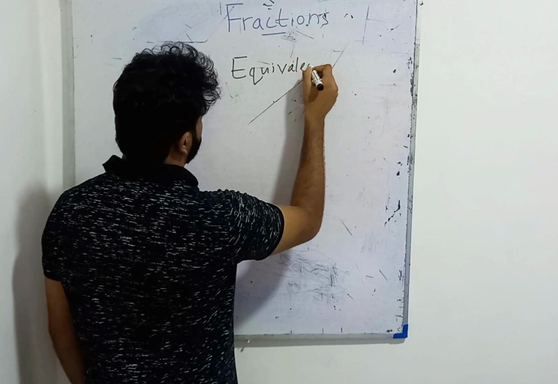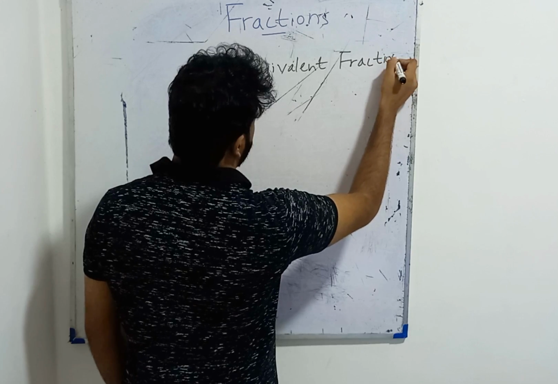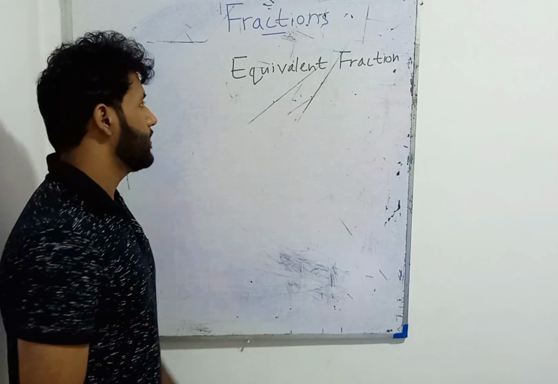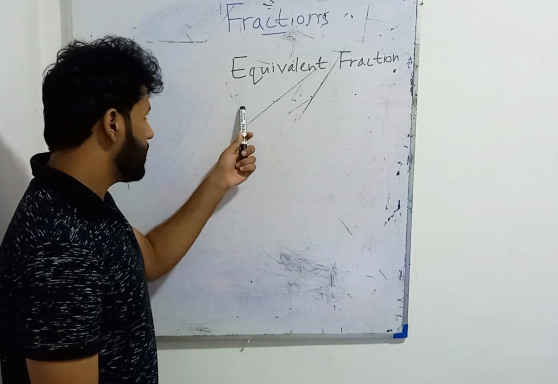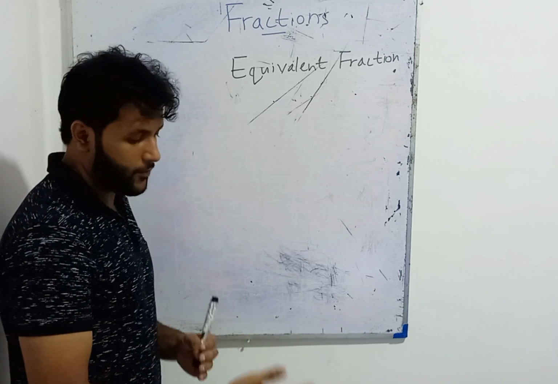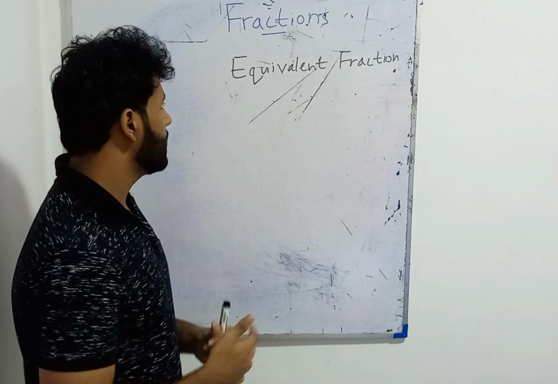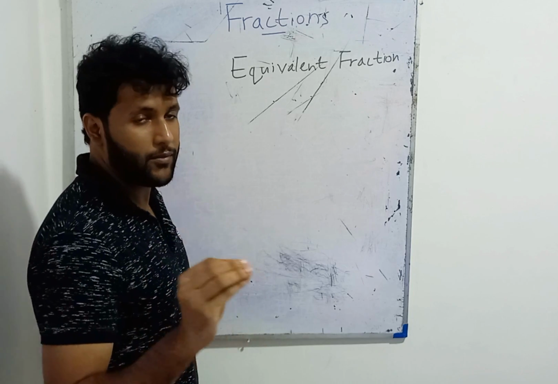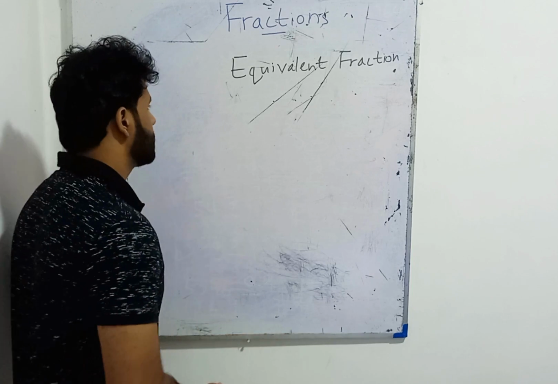These fractions are what you get when you multiply the denominator as well as the numerator of a certain fraction by the same factor. Then you get an equivalent fraction. Or you can divide that fraction's numerator and denominator by the same number, the same factor.